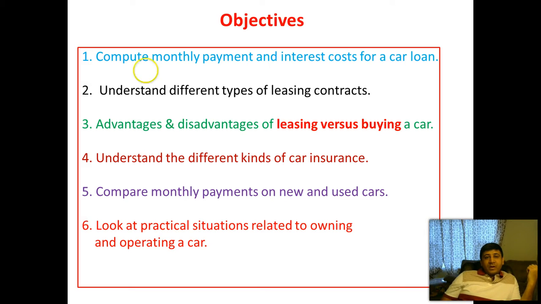We'll look at advantages and disadvantages of leasing versus buying. We will talk about car insurance, and then we'll look at the math behind driving fuel efficient cars, and how you can save money on that. So it's a pretty interesting lecture, an everyday kind of application.